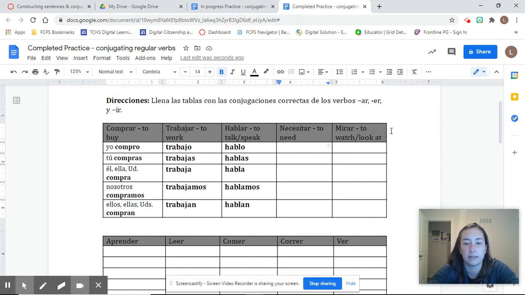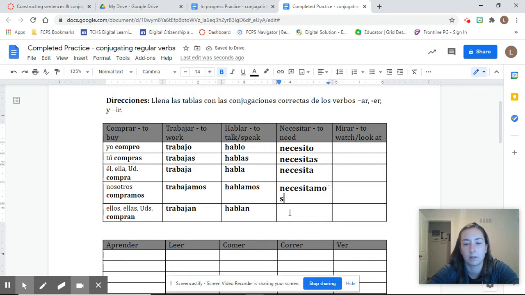Necesitar, yo necesito. Tú necesitas. Él, ella, usted necesita. Nosotros necesitamos. Ellos, ellas, ustedes necesitan.